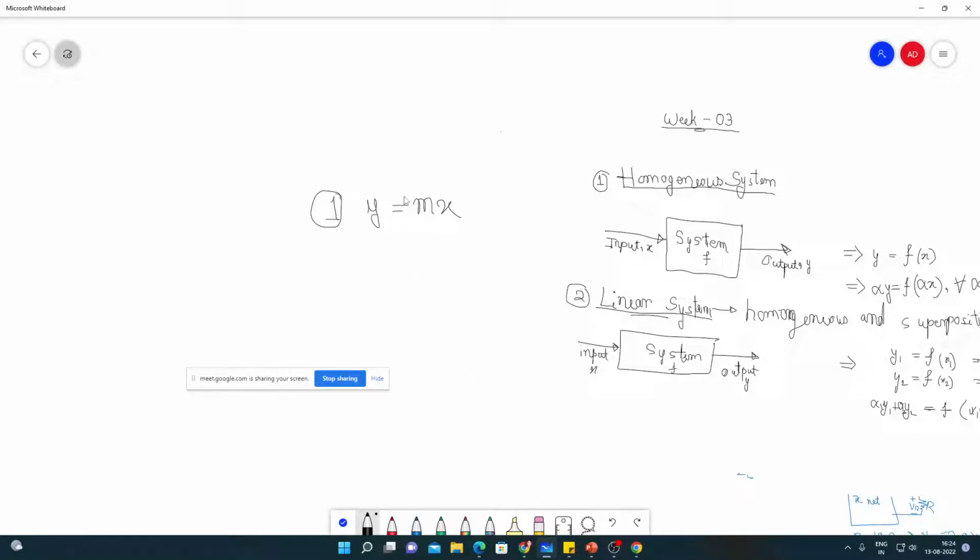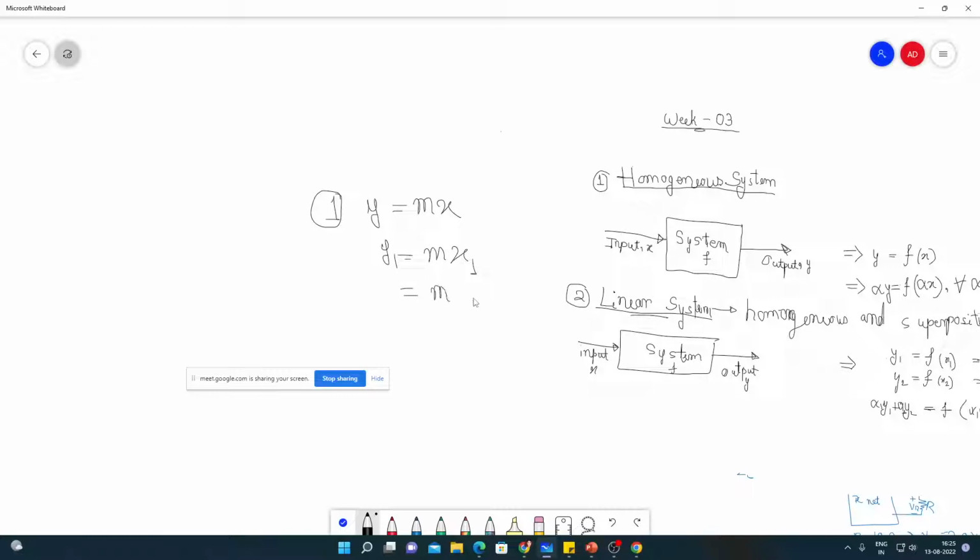No, you are confusing the scalars, right? m is the characteristic of the system. So any input you give, x1, x2, if I give an input of say x1, y1 is my output, so it will be m times x1. Now what does homogeneity say?